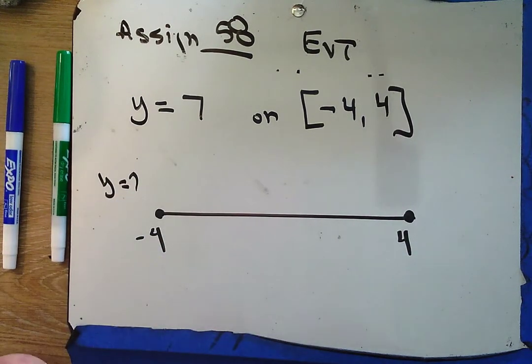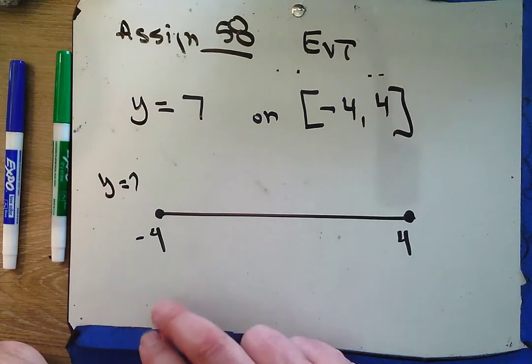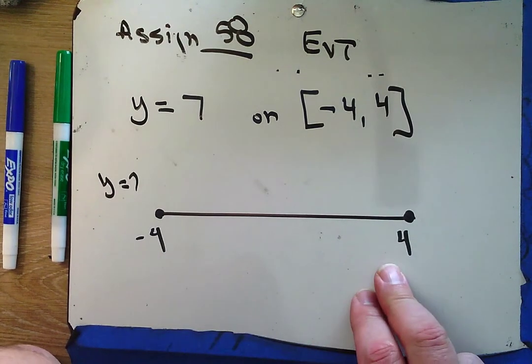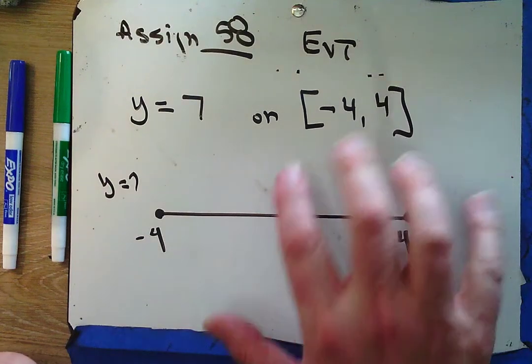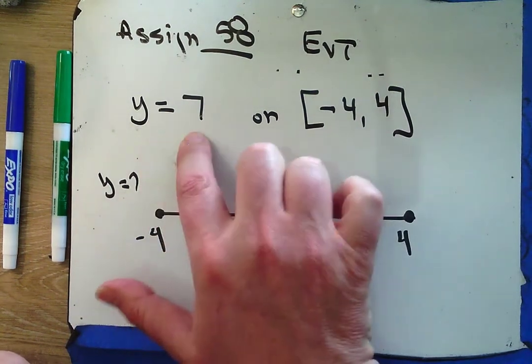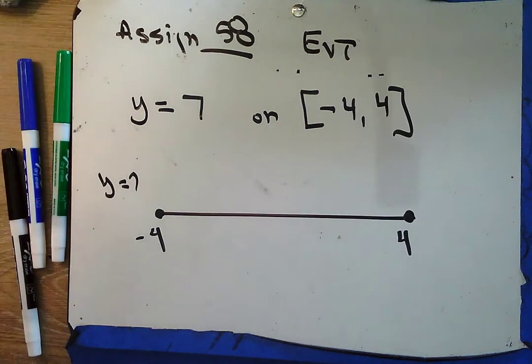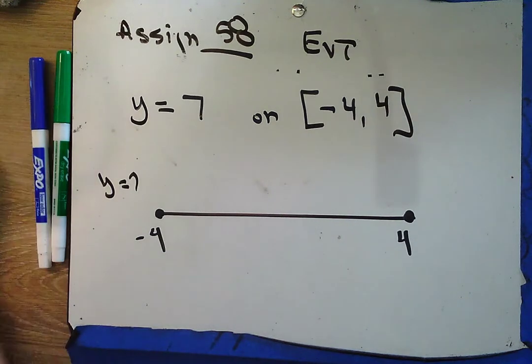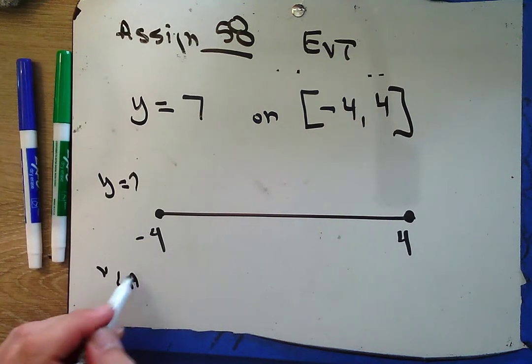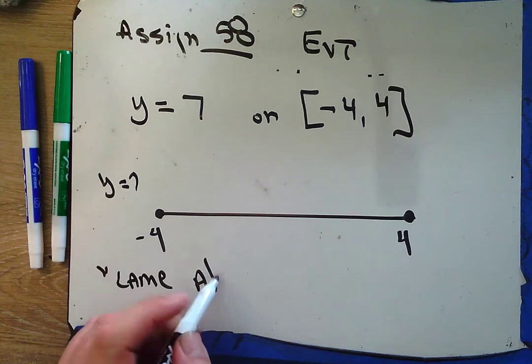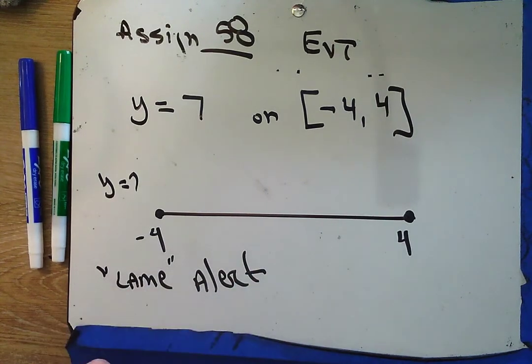So what was it that EVT said again? EVT said that from -4 to 4, or on A to B, any continuous function would have a max and a min. I'm sorry, can you point out the max here and the min here? I can't seem to find them. Oh, what's that? Did you hear a lame alert? Blaring? Yes, I did too.